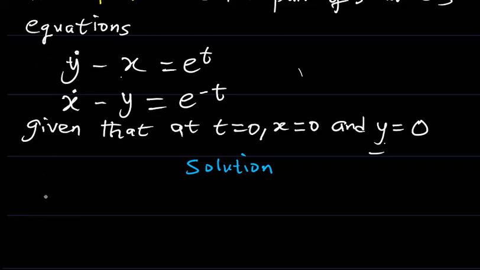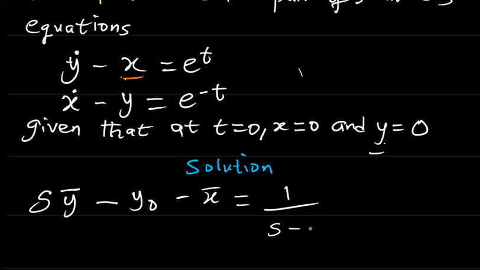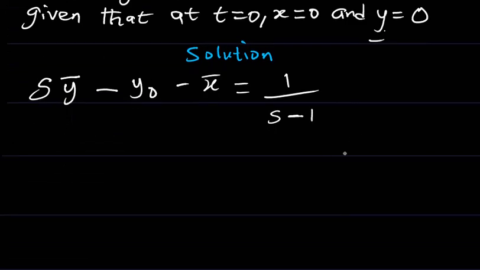The Laplace transform of y dot is s y bar, of course that is s raised to the power of 1 times y bar, minus s to the power of 0, which makes it 1, times y0, plus the Laplace transform of x, which you know already is x bar, equal to the Laplace transform of the exponent of t, which is 1 all over s minus 1. So we'll call this equation 1.